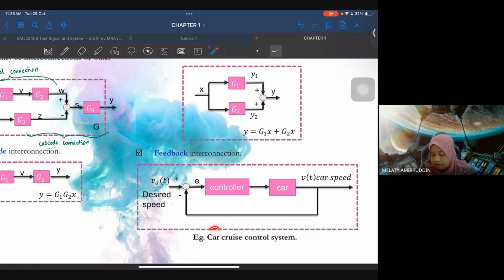Saya pun tak pasti function of car cruise control system ni. But the feedback interconnection is that the output will go back to the input. This is feedback.